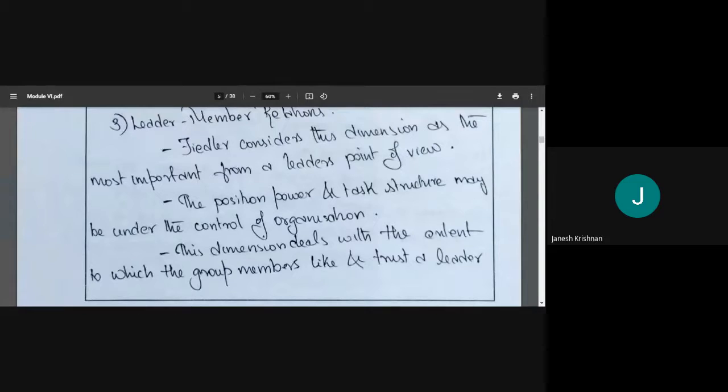But this dimension, that is leader-member relations, is all up to you.